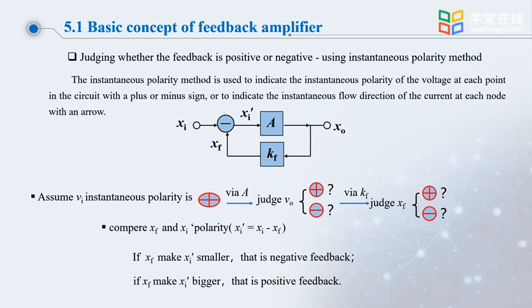Watch out! I want to emphasize one point. We go through the basic amplifier circuit and then through the feedback loop, following the transient voltage changes at the nodes, to judge, at the output port of the feedback network, whether the feedback signal weakens or enhances the net input signal.